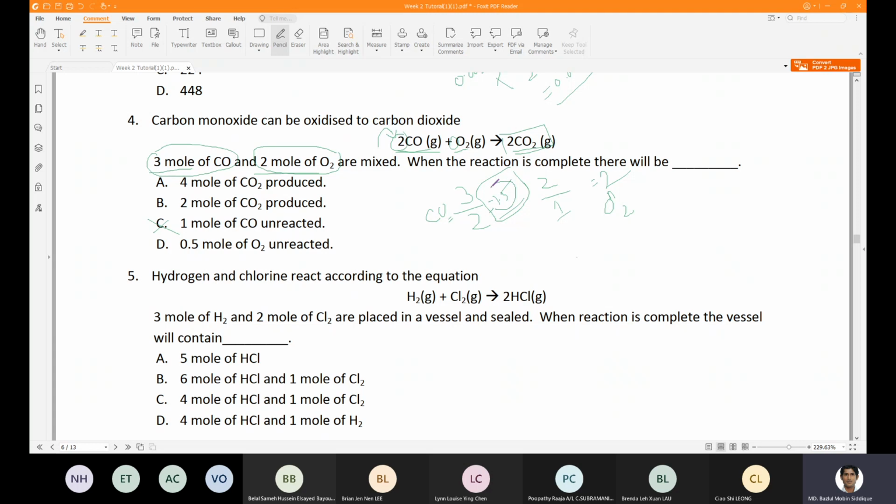Now, if 1.5 of it is removed, how much oxygen will be produced from 1.5? Since 2 moles produces 1 mole, 1.5 moles will produce how many moles of it?